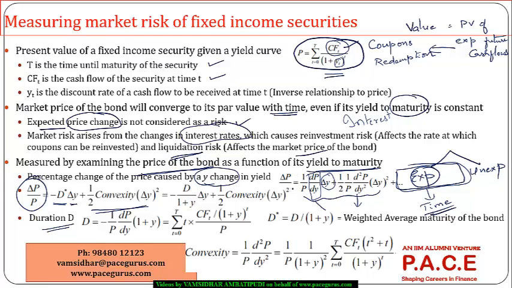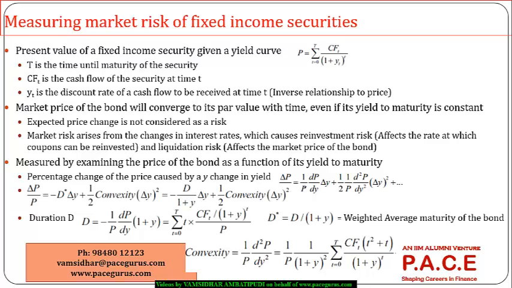So delta P by P comes out as minus D by (1 plus y) times delta y plus half convexity times delta y squared. This is where we can narrow down on the duration.